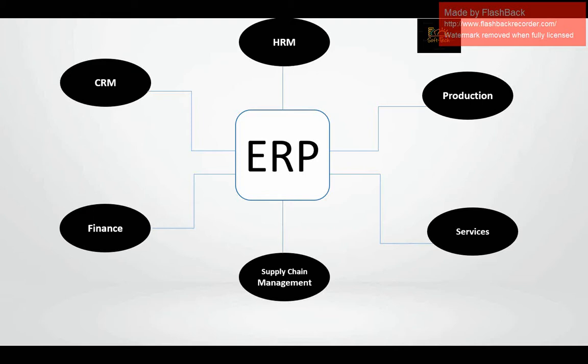So if any customer wants to purchase a product, the sales person will immediately check the inventory, what stock is available, and what the customer needs. If a customer needs 100 quantity and there are 80 in stock, he will tell the customer there are 80 and we will supply the remaining 20 by tomorrow.